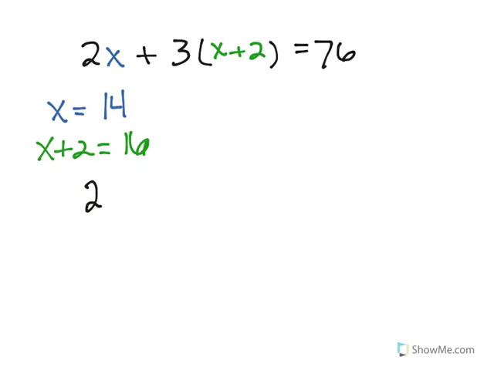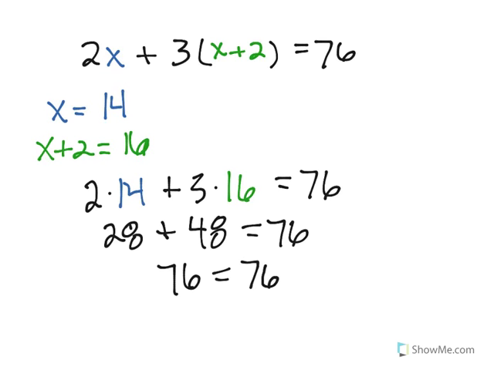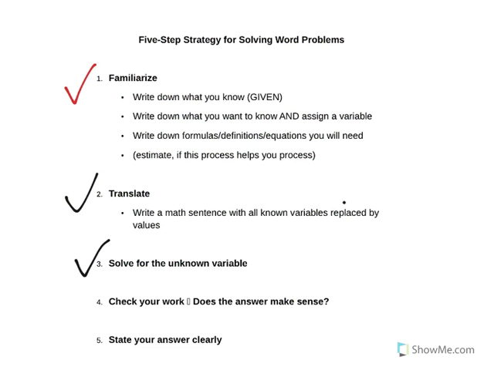So I'm going to do 2 times 14 plus 3 times 16 equals 76. 2 times 14 is 28. 3 times 16 is 48. And if we add these two numbers together, 28 plus 48 does in fact equal 76. So we have successfully checked our answer, and it does make sense.